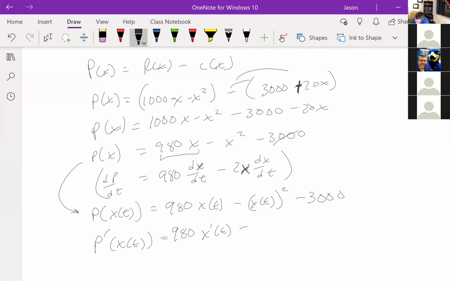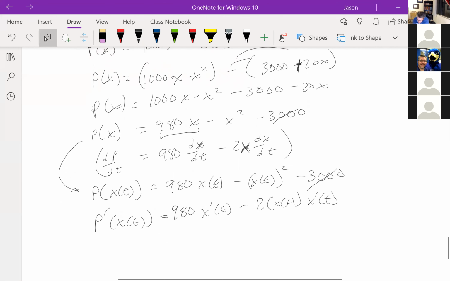Think chain rule. It's the derivative of the outside, 2 times x of t, times the derivative of the inside. Well, that's x prime of t. And again, the derivative of 3,000 is 0, and so that just goes to 0. So again, you can use either notation here.